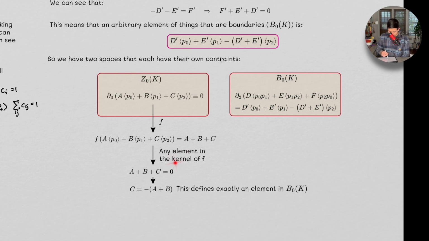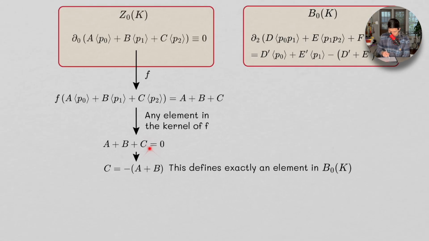So any element in the kernel of f then, right, the function f takes this thing, brings it to a real number, which is just the sum of the coefficients. The kernel is going to be when this equals 0, okay? So that's this. And then we can see that c is equal to minus a plus b.